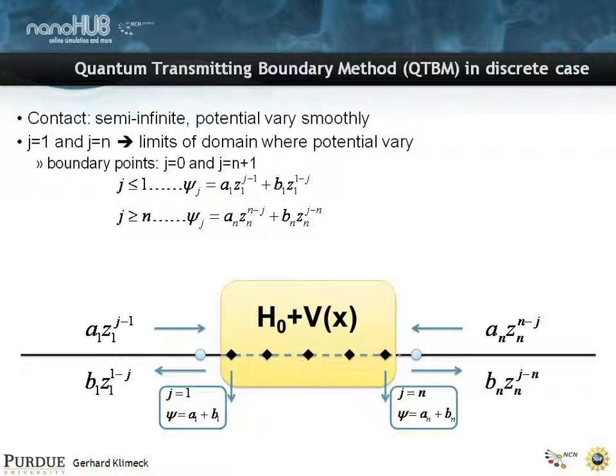On the right, you do something similar. You shoot in a wave from the right. It has a propagation constant with a delay to it. It propagates in the other direction, and the delay is the phase delay of n sites. And you have a reflected wave that comes back, and the propagation constant is again with a positive j, just like on the left, same sign, but phase shifted by n sites.